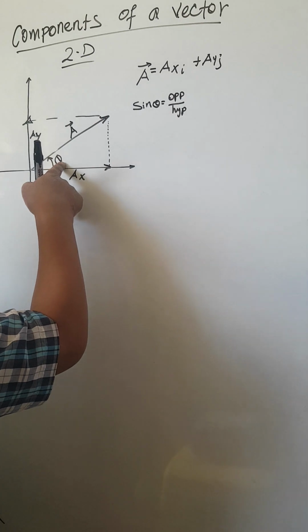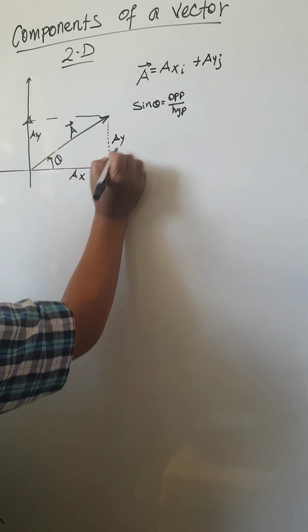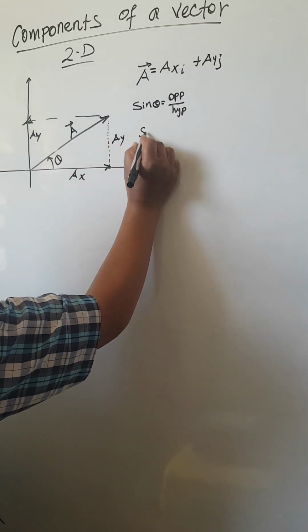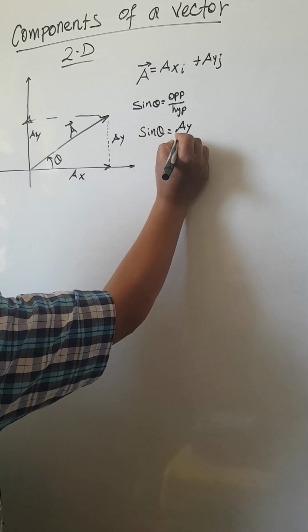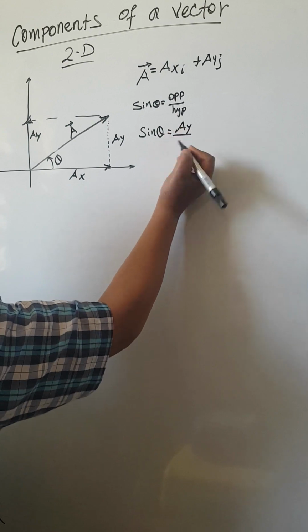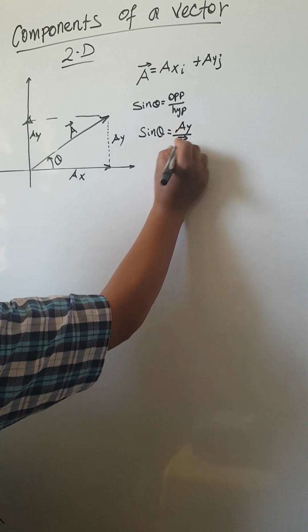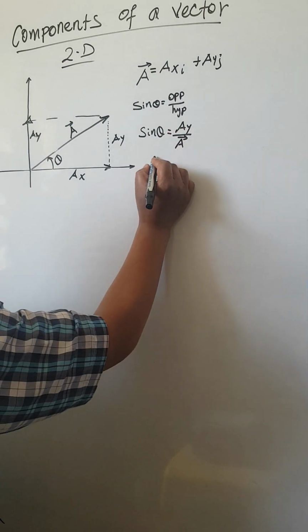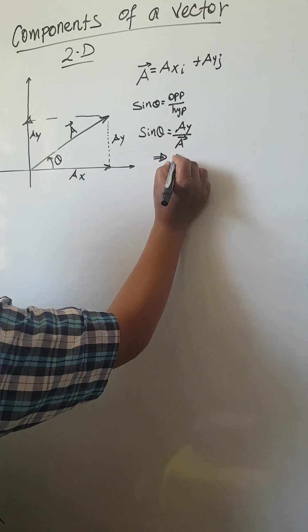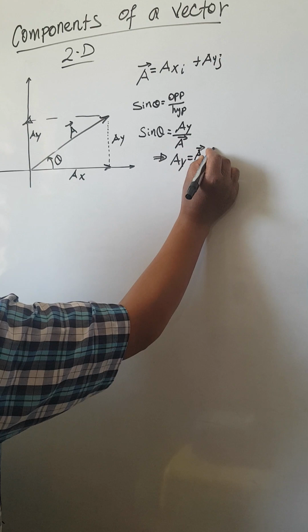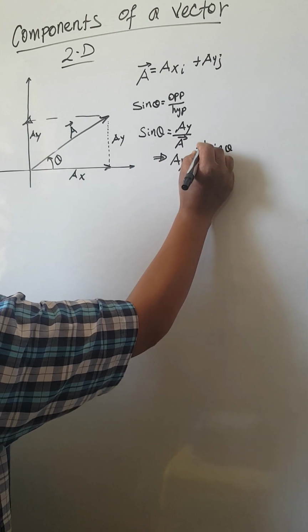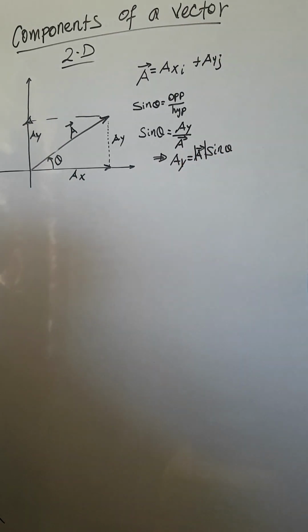In our case, the opposite is Ay and the hypotenuse is the magnitude of A, implying that Ay is equal to magnitude of A sine theta.